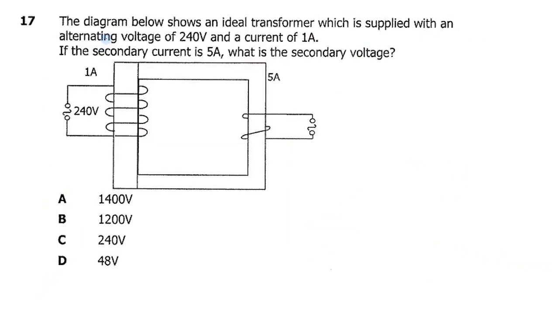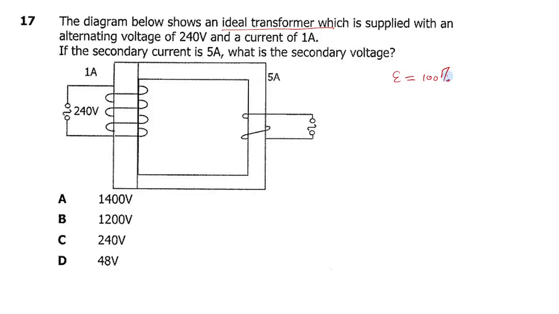Here they are saying the diagram below shows an ideal transformer which is supplied with an alternating voltage of 240 and a current of 1 amp. If the secondary current is 5 amps, what is the secondary voltage? Whenever they talk of an ideal transformer, it is one which has efficiency of 100%.